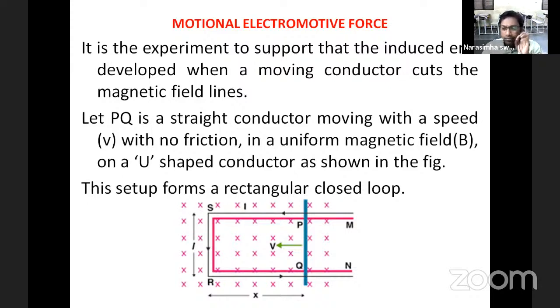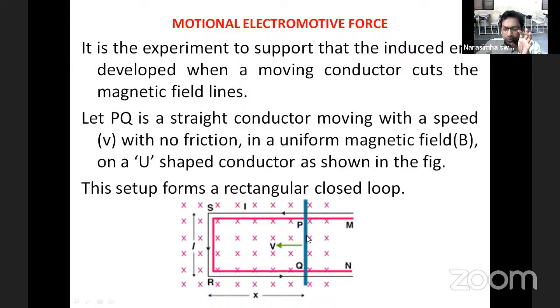So magnetic flux means the number of lines of force passing through a closed surface area. Here, the number of lines in this rectangle is changing if this rod is moved. If the rod is moved to either side, then the number of lines of force present in this closed rectangle is changing, right?